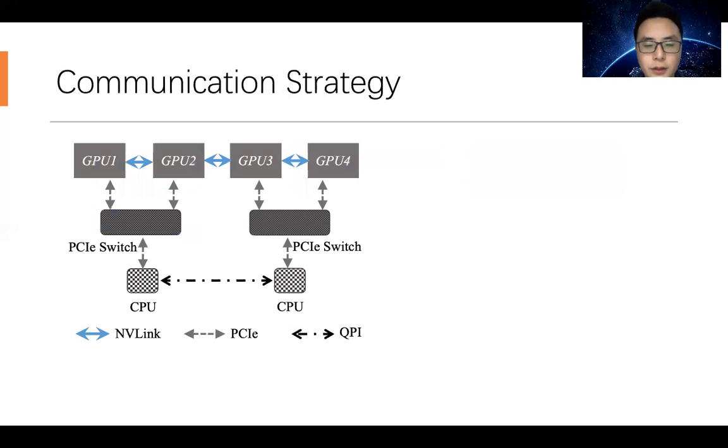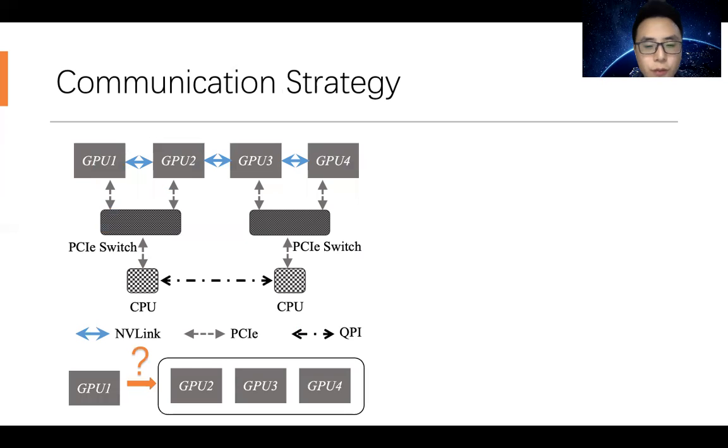Given the problem setting, now let's analyze the solution space, which is the communication strategy of each vertex. Let's use a simplified GPU topology as an example. Assume we have 4 GPUs on 2 CPU sockets connected with different links.